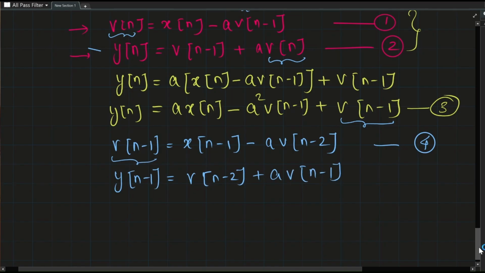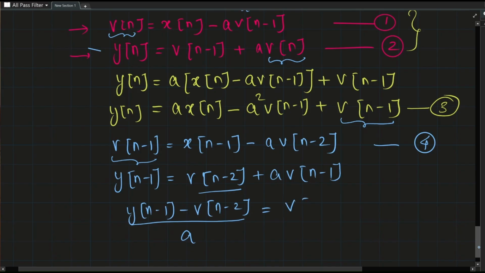And I can simplify this further. Basically, I'm going to move this term to the left side. yn minus 1 minus Vn minus 2 divided by a is equal to Vn minus 1. Why I have done this? Because I'm going to replace this Vn minus 1 with this expression, which is my equation 5. So this will be replaced by 5, and this will be replaced by 4.